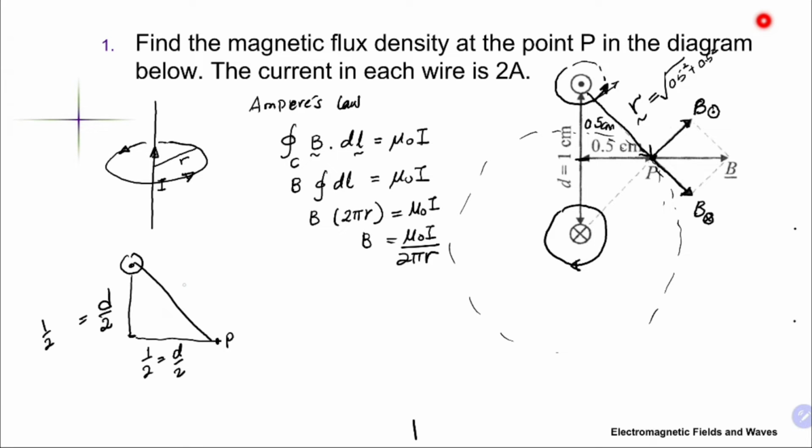So this distance here will be the square root of d over 2 squared plus d over 2 squared. And that should give us root 2 d over 2.